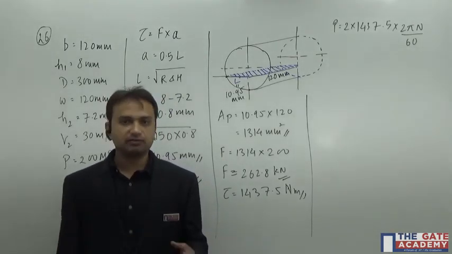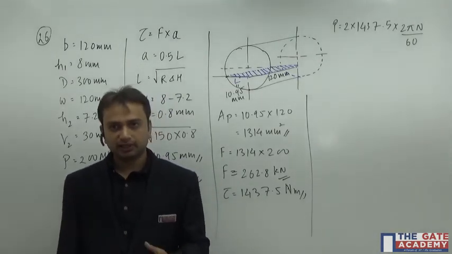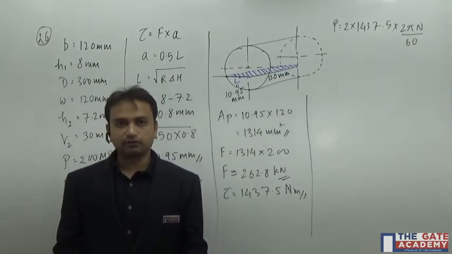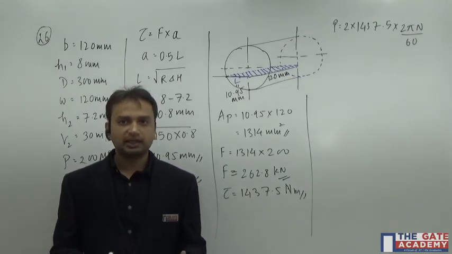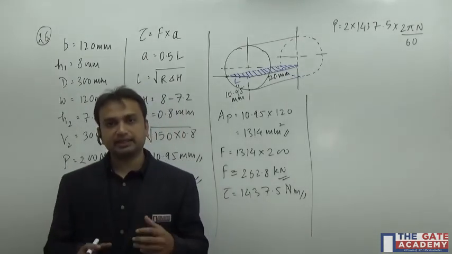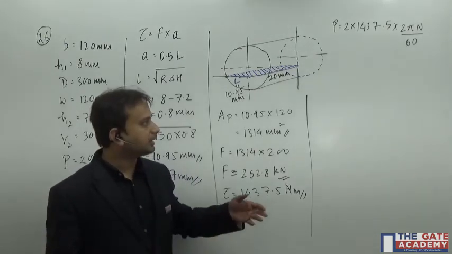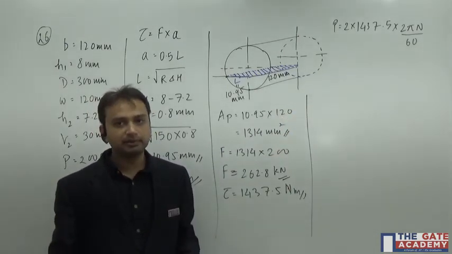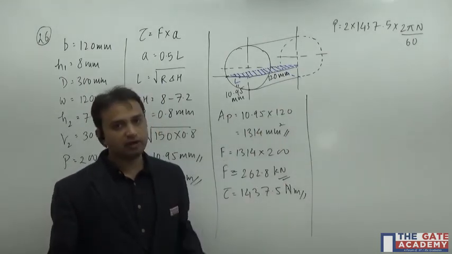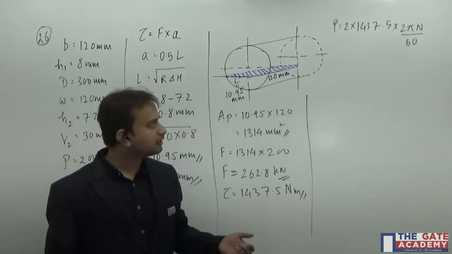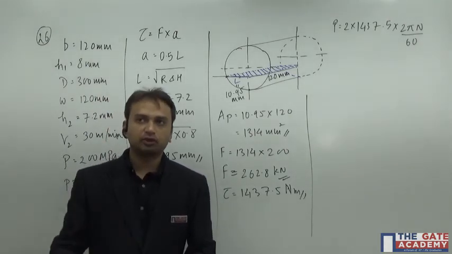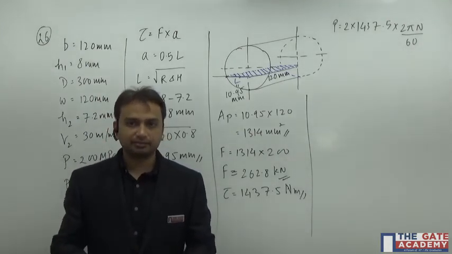So what we will do is we will consider an average velocity, considering both inlet and the outlet velocity. So we will try to figure out the inlet velocity first, and outlet velocity is already given to you. We will be taking the average of that. We will be determining the RPM, rotations per minute from there, and we will put this value over here, and eventually we'll get the value for power. Again, I am telling you that it is going to be debatable because nothing has been mentioned here.